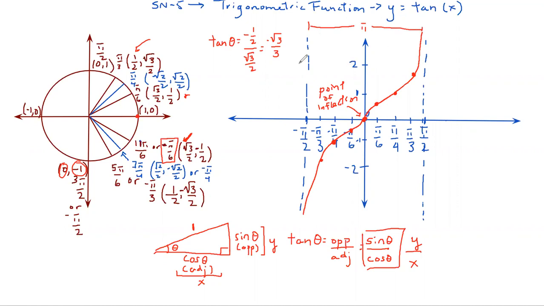So from negative pi over 2 to pi over 2, that has an absolute distance of pi, which means that when we go to calculate our transform function, rather than have 2 pi divided by the b, or 2 pi divided by the period to find the b, we have pi divided by the b to find the period.